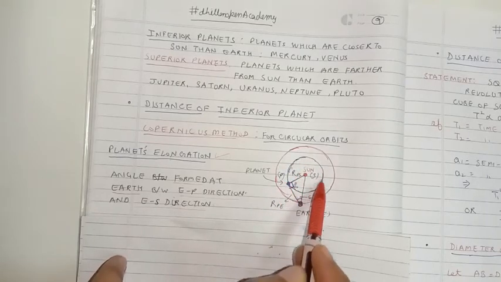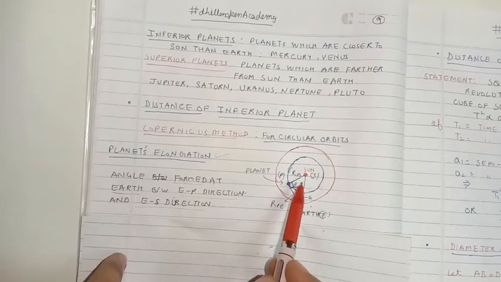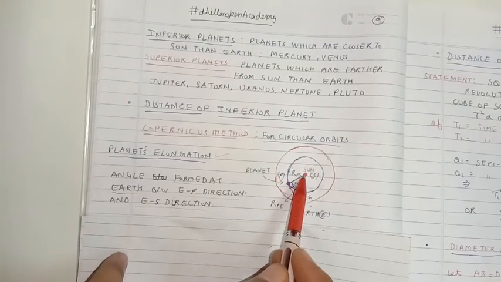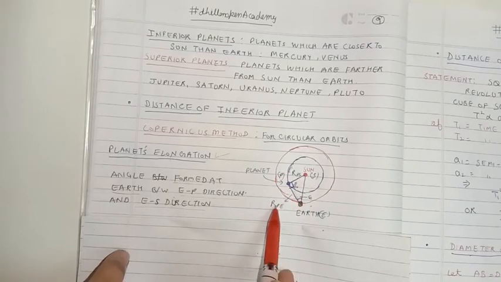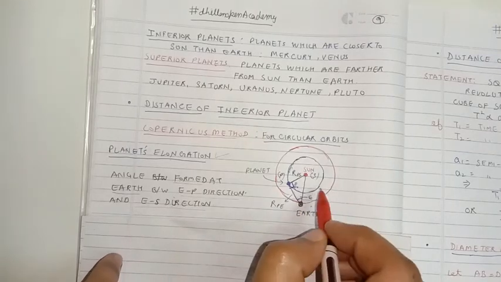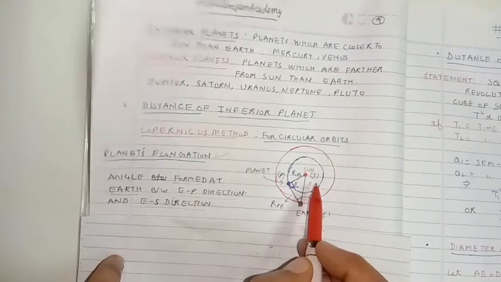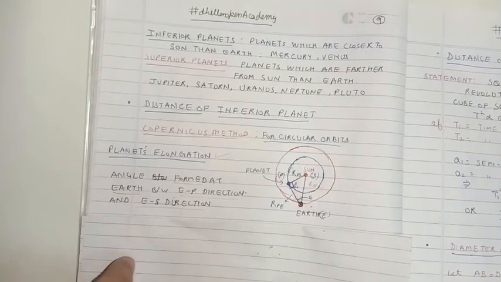This is the orbit of the planet, this is the orbit of the Earth. Let RPS be the distance between the planet and the Sun, RPE the distance between the planet and the Earth, and RSE the distance between the Sun and the Earth.